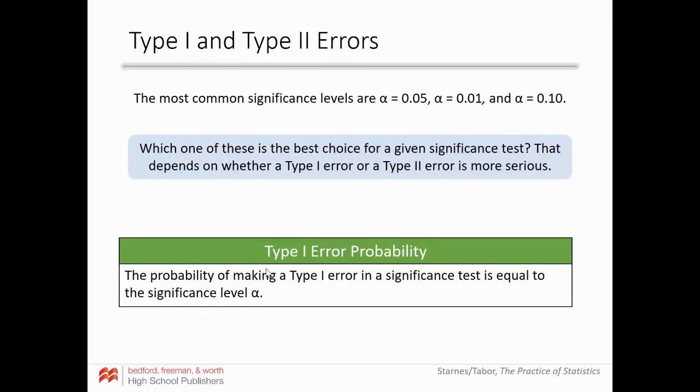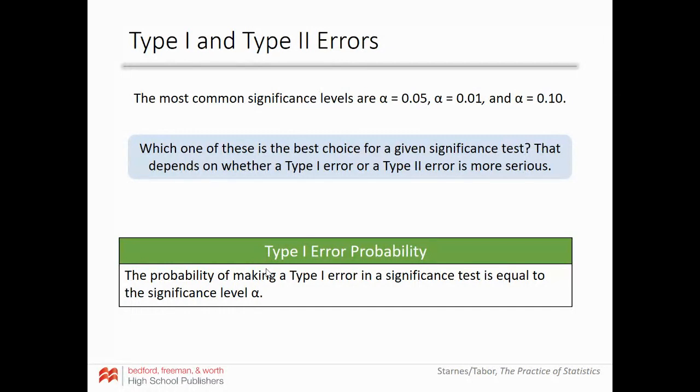If my alpha is, let's say, 0.05 or 5%, it's like the confidence interval: I'm at a 95% confidence level, so I'm allowing 5% leeway. I'm basically expecting to make a mistake 5% of the time.